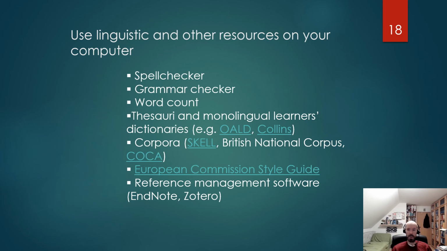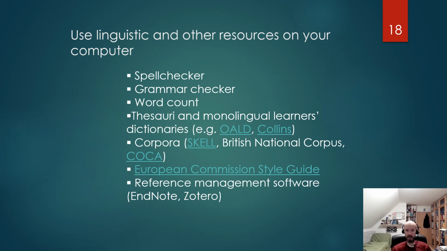So before concluding, let me just talk about some minor points, some minor tips that may come in useful at all the stages of the writing process, basically. Try to use as many linguistic and other resources on your computer as possible, especially at the revision stage. So spell checkers, grammar checkers, the word count, of course, is important for journal articles.